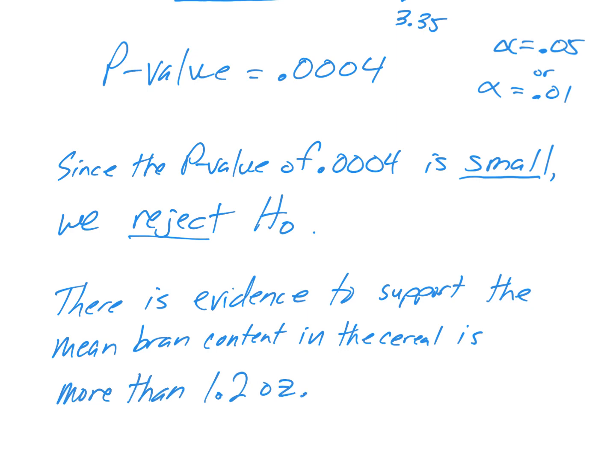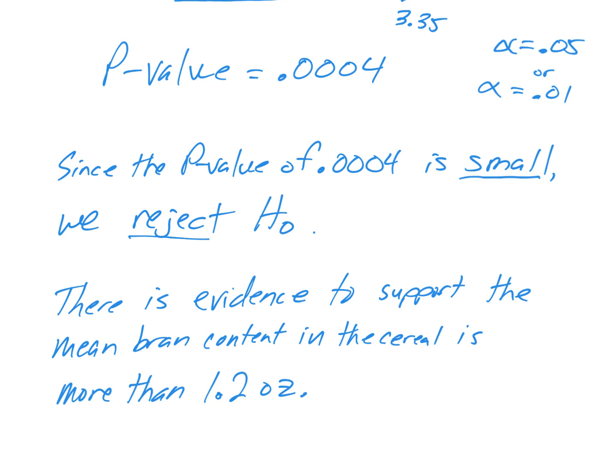So they're trying to say that because of that little study that they did, and she found 1.26 ounces in those 20 boxes, there's a good chance that more boxes have a little more bran than what normally is called for. Okay?